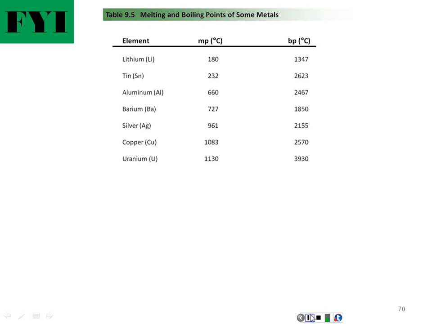So here we see some melting points of metals. And you notice that the boiling points are much, much higher than their melting points. And as we go across the periodic table from left to right, the boiling point and melting points increase. And as you go down a group, the melting point increases.